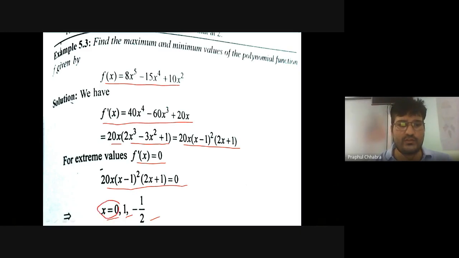As we discussed in the previous video, if you put f dash x is 0, you obtain the values of x, and those values of x are called stationary values. So x is equal to 0, x is equal to 1, and x is equal to minus 1 by 2 are the stationary values of the given function.